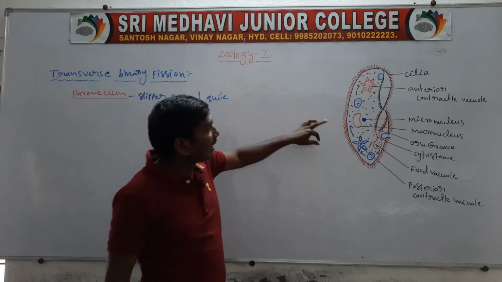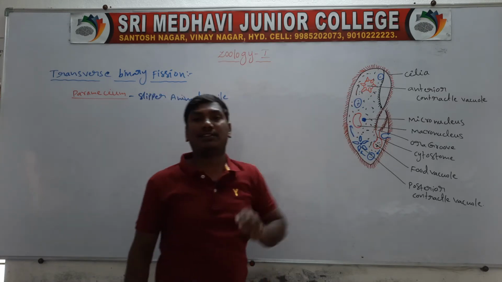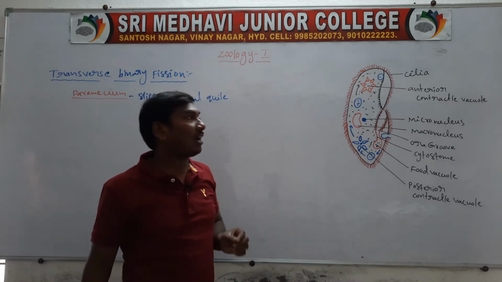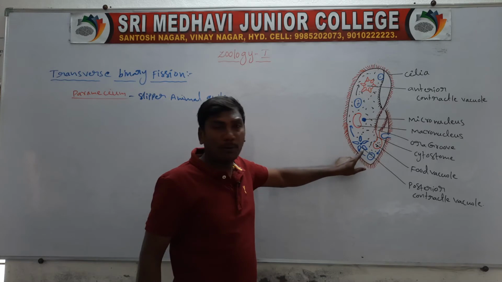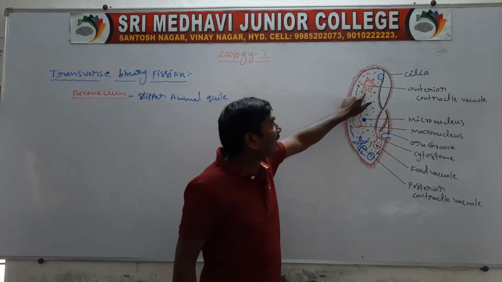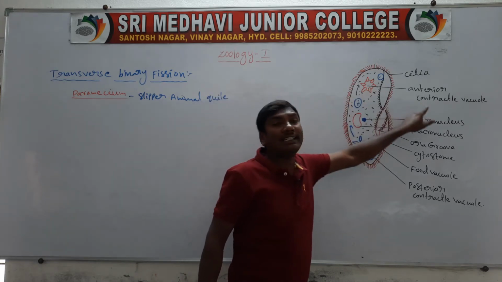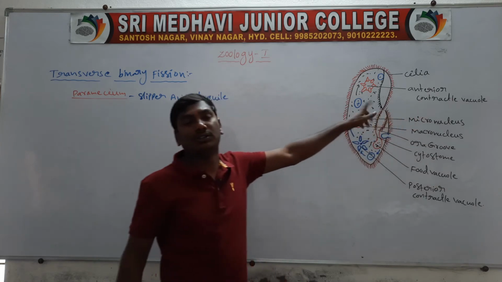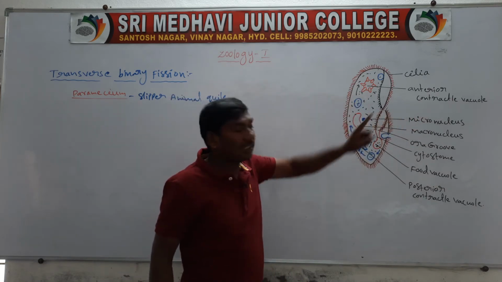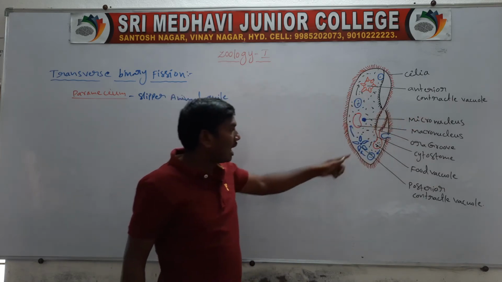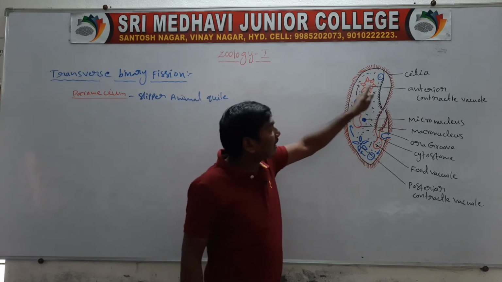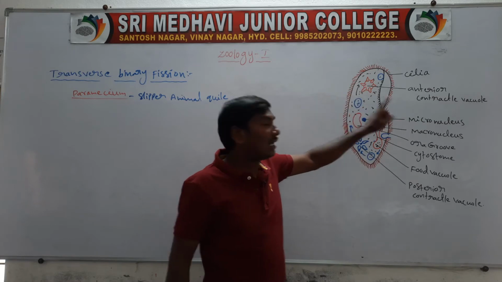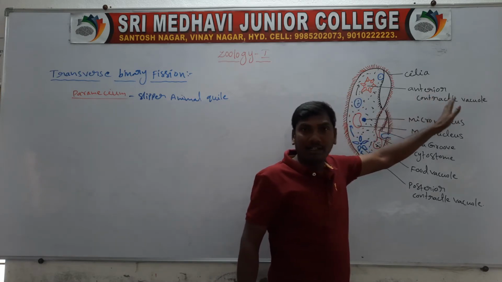Next one. The paramecium contains contractile vacuoles. One is on the anterior side, another one is on the posterior side. The contractile vacuole on the anterior side is called the anterior contractile vacuole.